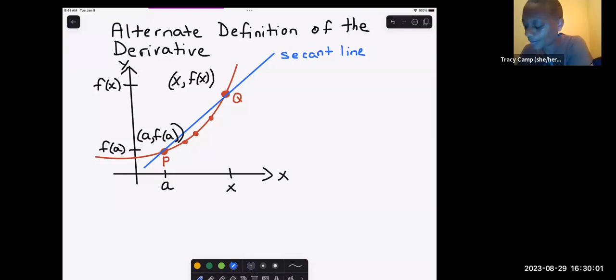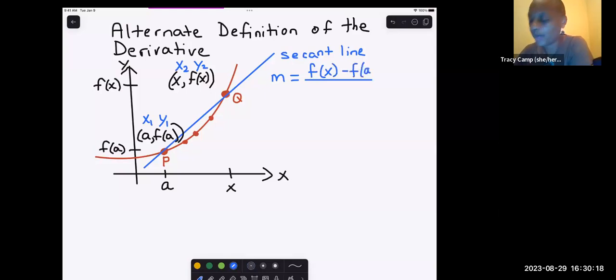Thinking of this as my x1, y1, and my other point as x2, y2, using the slope formula, y2 minus y1 over x2 minus x1, I get f of x minus f of a, that's my y2 minus y1, over x minus a, that's my x2 minus x1.